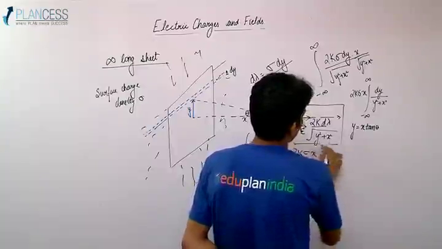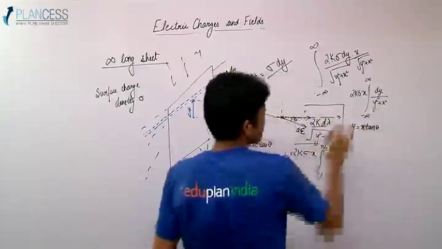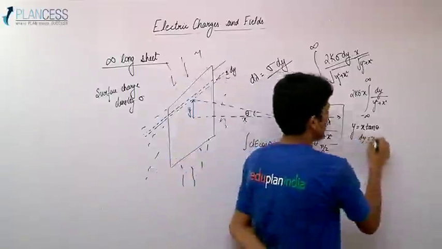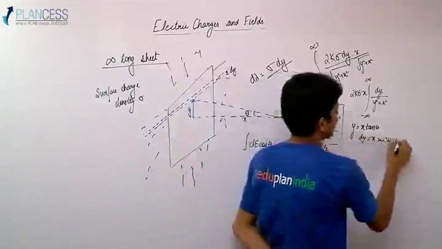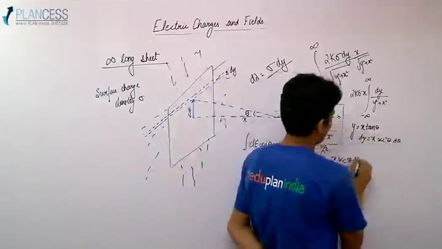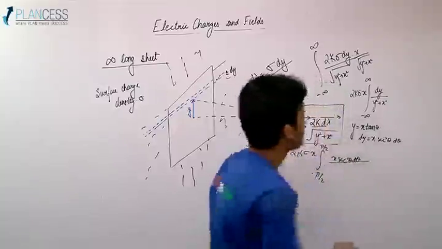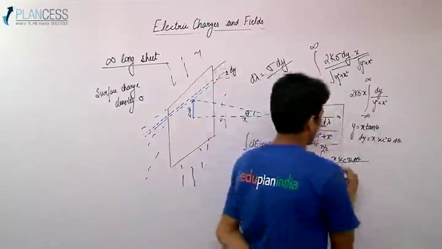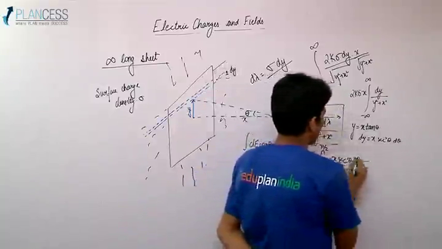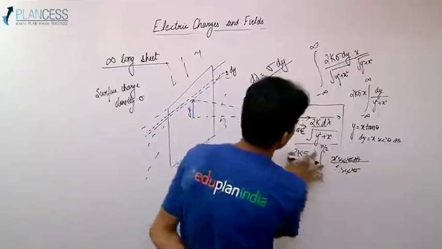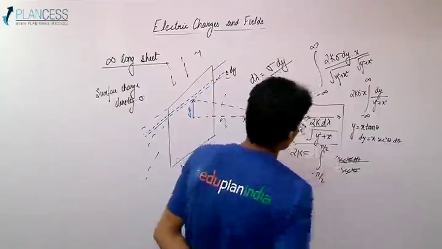So dy you will get as x sec square theta d theta. So I can write this as x sec square theta d theta divided by y square plus x square, that is x square tan square theta plus x square, which is x square sec square theta. So sec square theta gets cancelled out, x gets cancelled out with this x, and you are left with this much quantity.